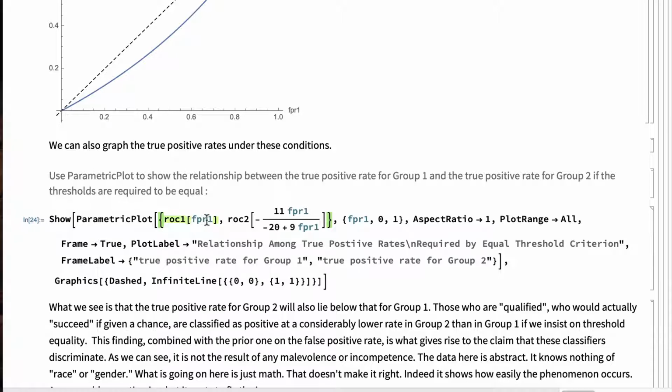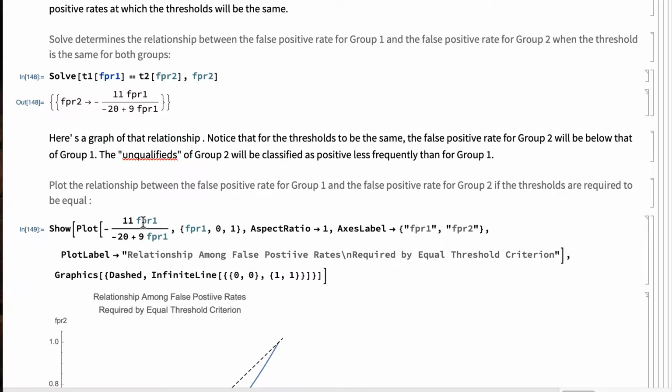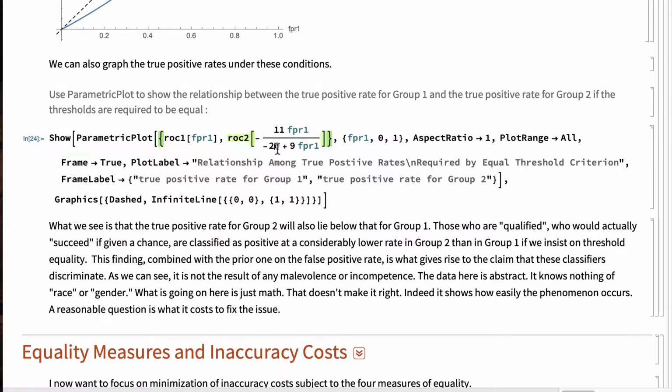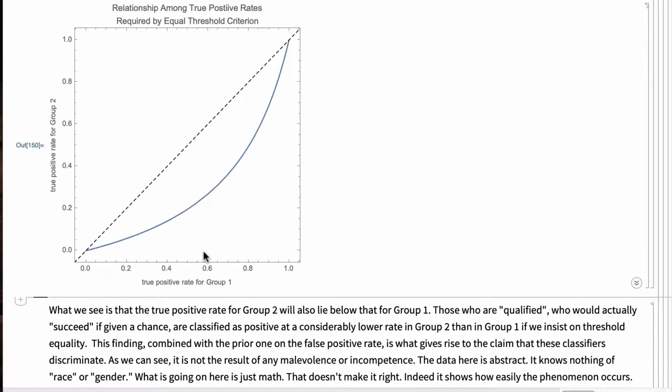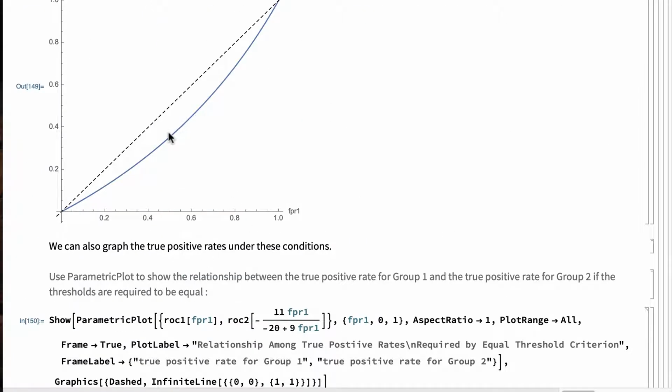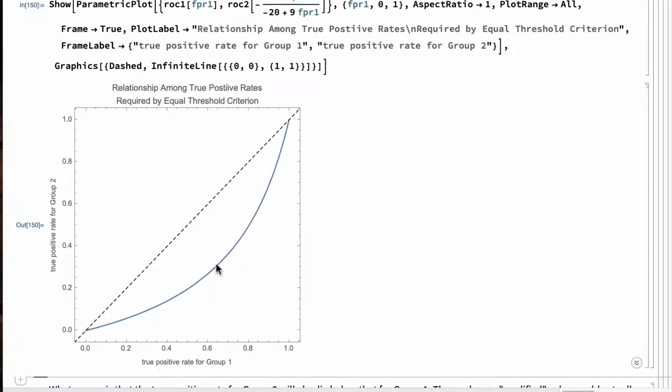So here I'm just substituting in the equilibrating false positive rate that we found right here. And we find that the true positive rate for group 1 has to be a lot higher in our scenario than it is for group 2. So if we insist on threshold equality, what we're going to see is a somewhat higher false positive rate among group 1 and a considerably higher true positive rate among group 1.